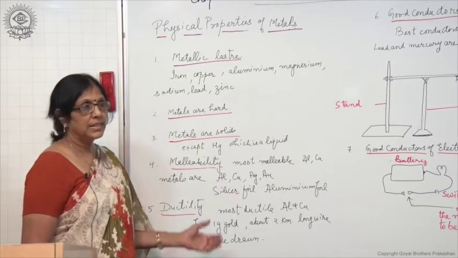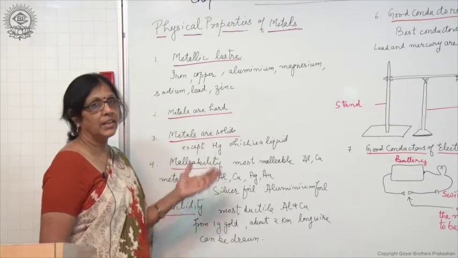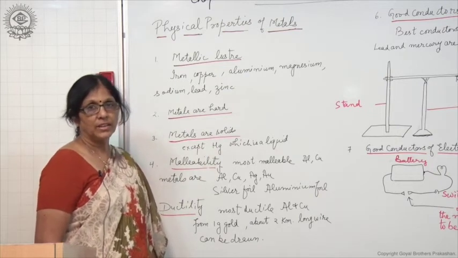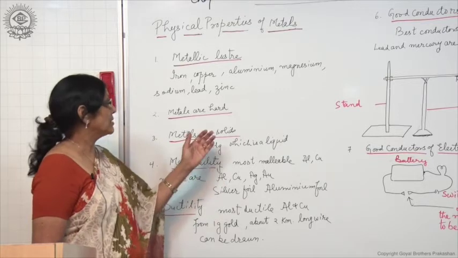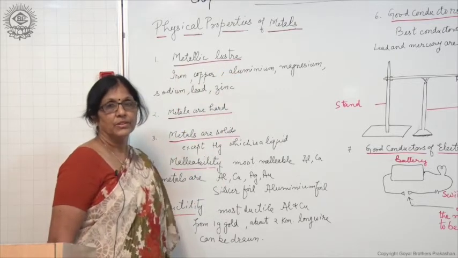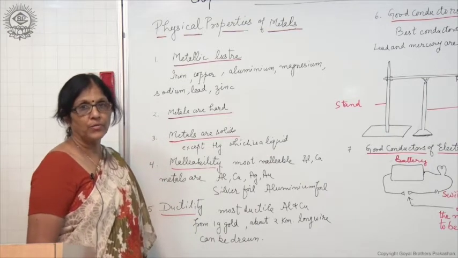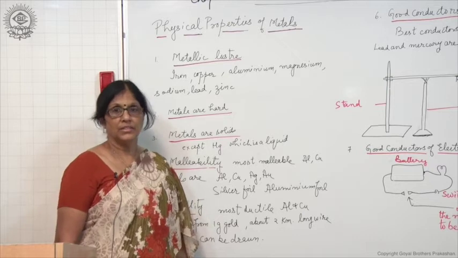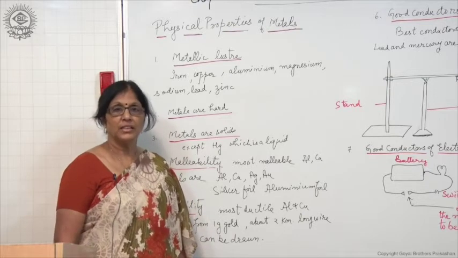You will find that these metals have a shining surface. This shining surface which the metals have is called metallic luster. So, it is a peculiar property of the metals. Metals have a shining surface.